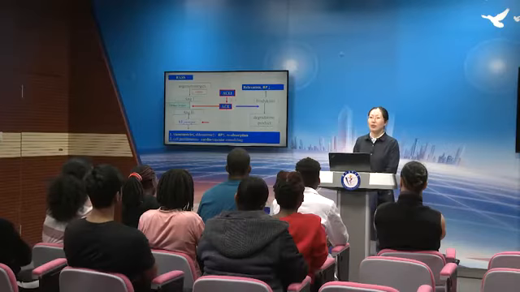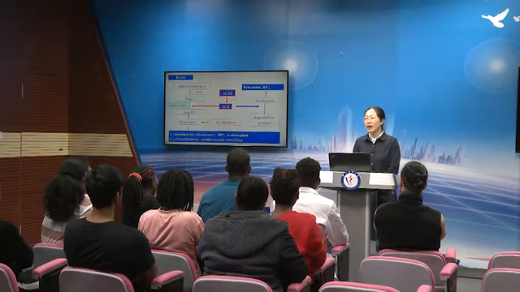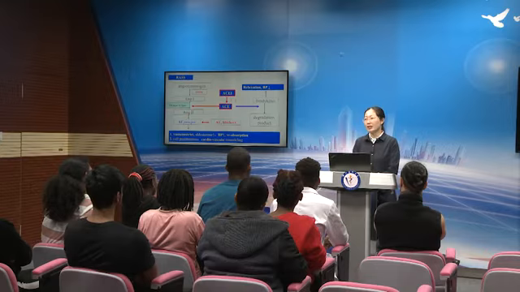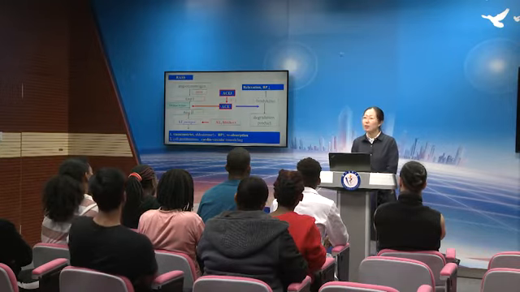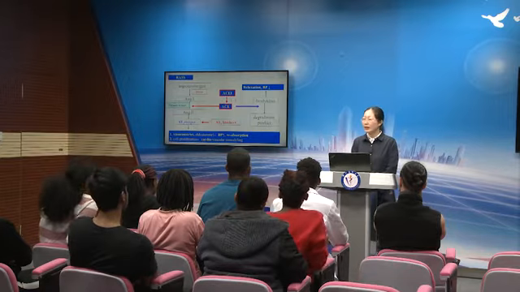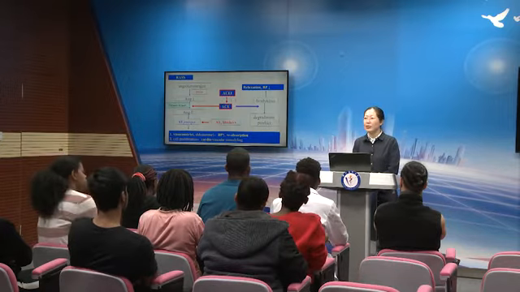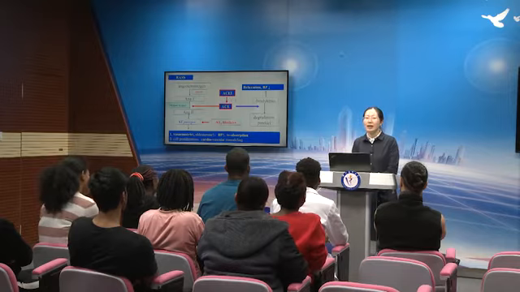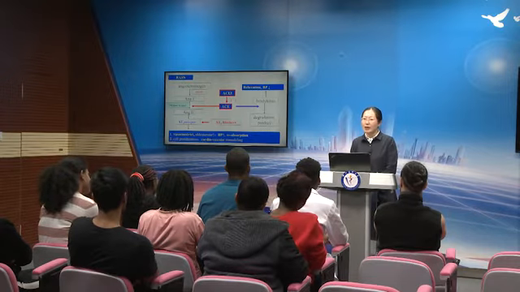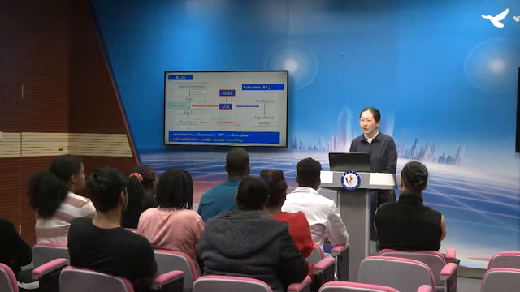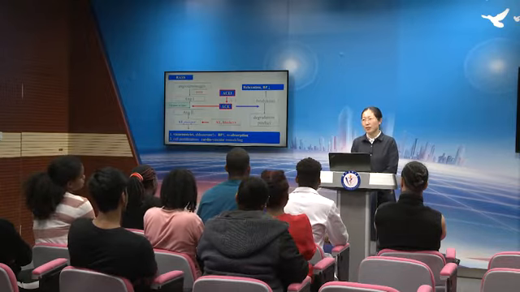Compared to ACEI, in clinic we have another kind of drugs, we call them ARB, angiotensin 2 receptor blockers. In clinic, we use losartan, valsartan, irbesartan. They are ARB. And these drugs, at the receptor level, inhibit angiotensin 2's pathophysiological function.